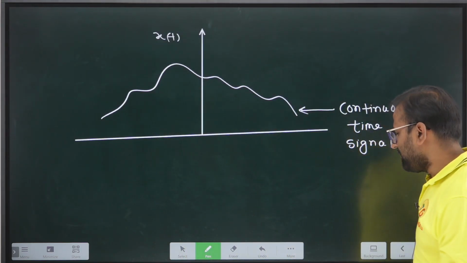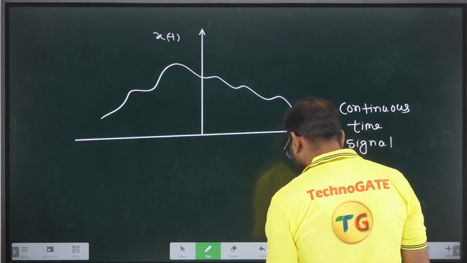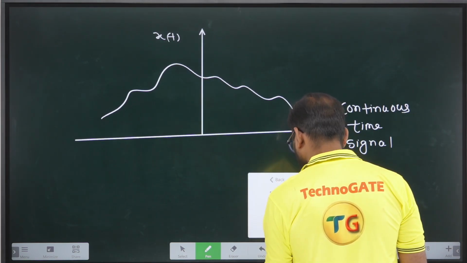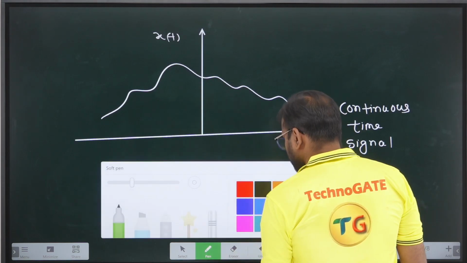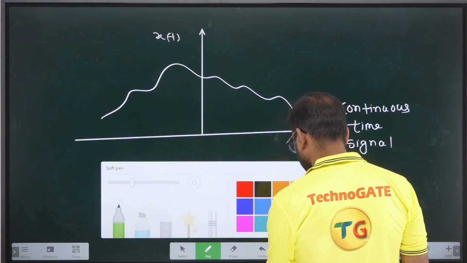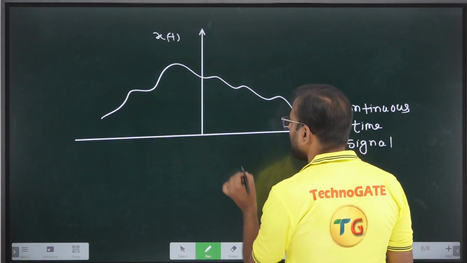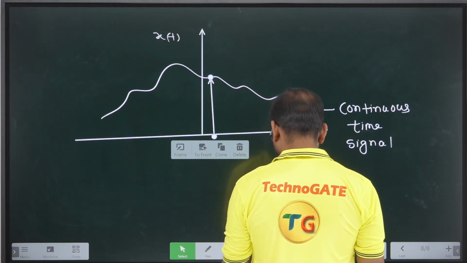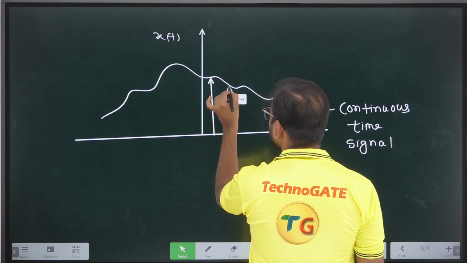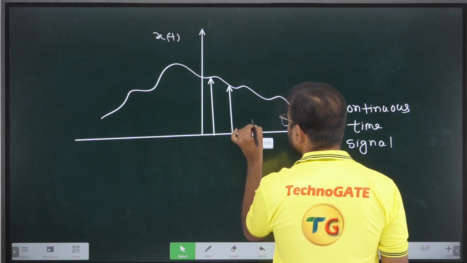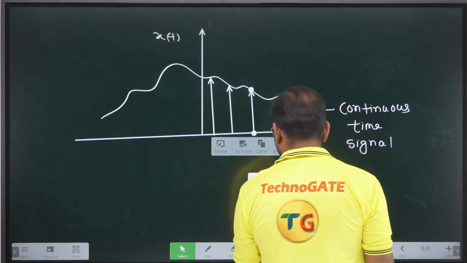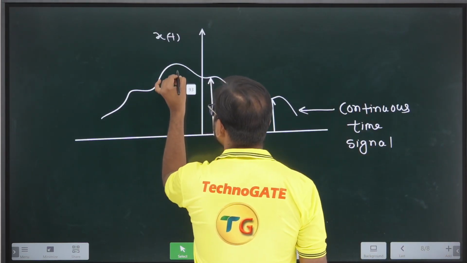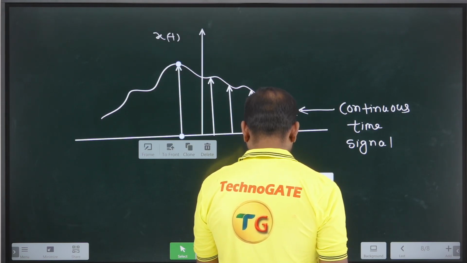What is the meaning of sampling? The meaning of sampling is very simple. Let's say you are taking the first sample here, the second sample here, the third sample here, the fourth sample here, and one more sample here.